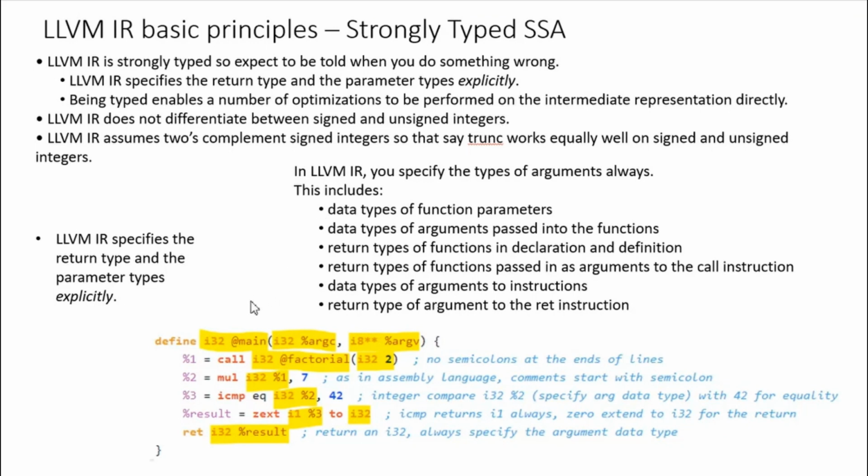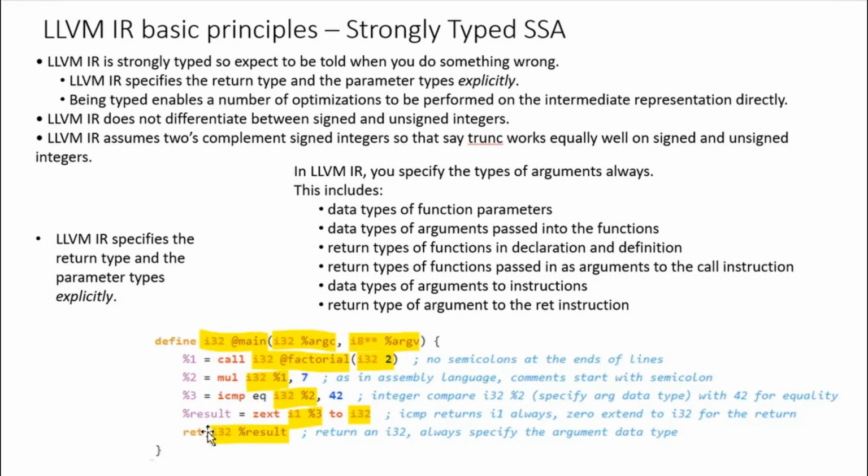What are the implications of that? So I just highlighted, which data types do we explicitly provide? We explicitly provide data types of function parameters, and data types of arguments that are passed into a function when you are calling that function. We specify the return types of functions in the declaration and the definition, and while calling the function also.